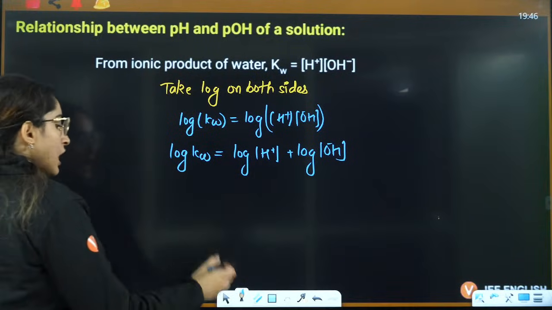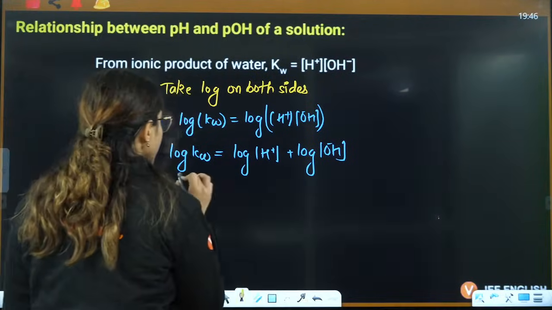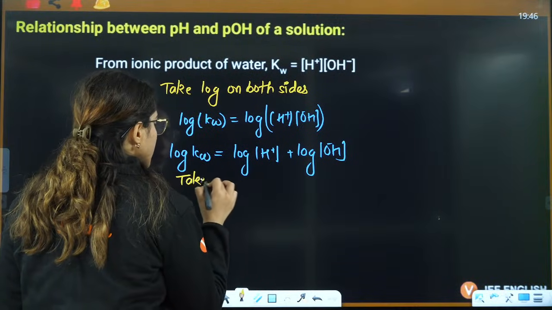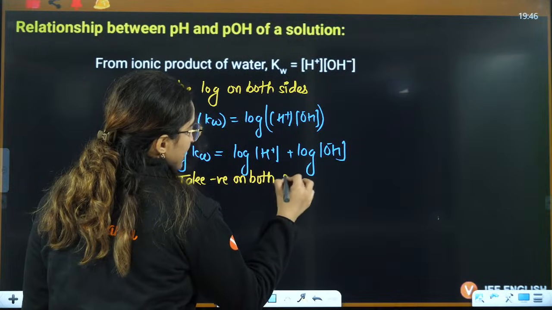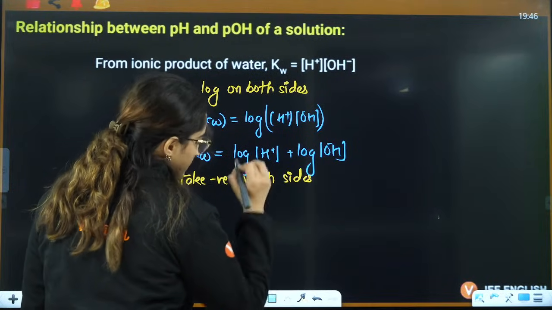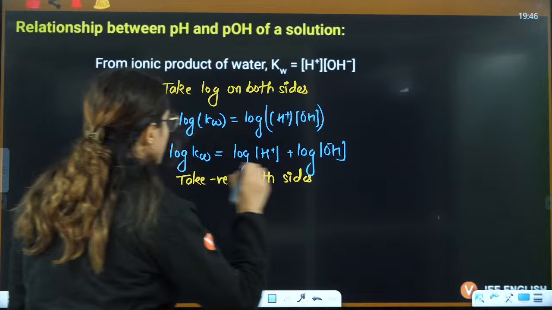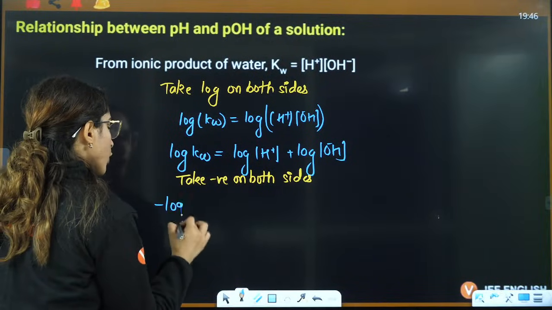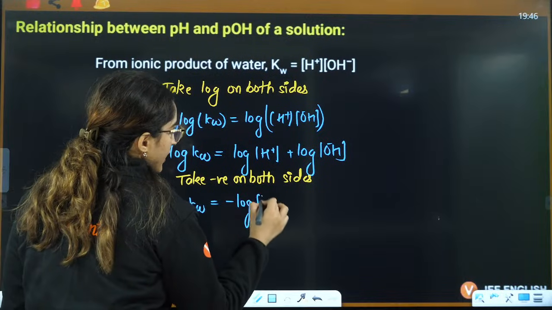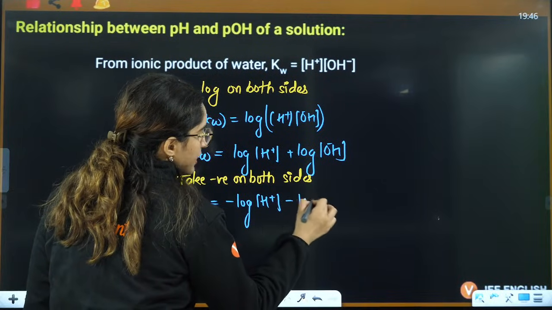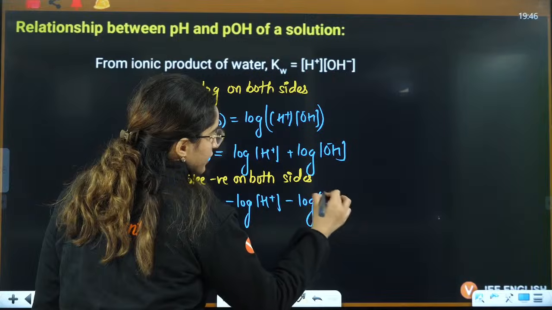Right? Now take negative on both sides, that means multiply both sides with negative. This will become minus log Kw equals minus log H positive minus log OH negative.